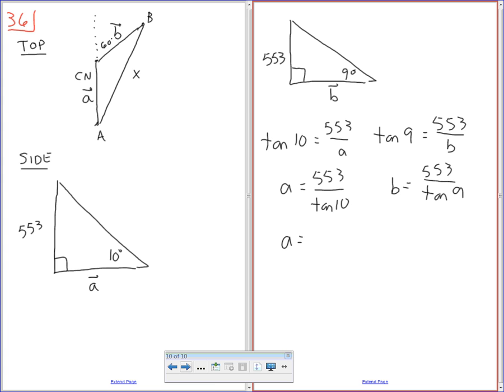All right, Joe, can you be brave, please, and figure out what A is and what B is, please? A is 2,136.2. Right, and B is? 3,491. A little slower, 3, 4, 91. Yeah.